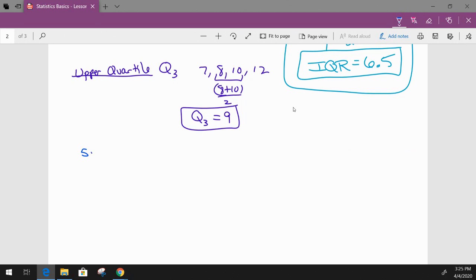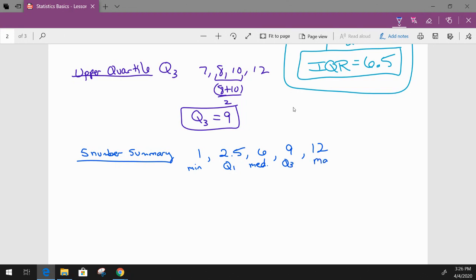Okay, so our 5 number summary starts with our lowest number, our min value, which was 1, our Q1, which is 2.5, our median, which was 6, our upper quartile, or Q3, which was 9, and the max value, which is 12. So min, Q1, median, Q3, and max.